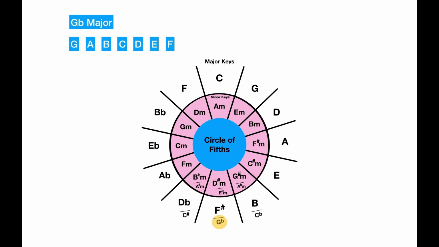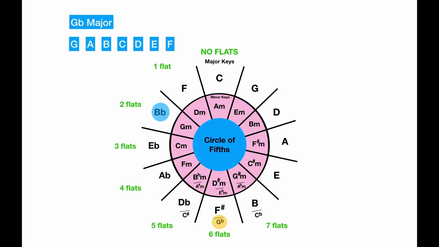So first up, let's write down the 7 notes. It will be G, A, B, C, D, E and F. We know it's a G flat because it's called the G flat major. So we know that the C has no flats in it, and we work anti-clockwise for flats to see how many flats we need. To get all the way down to the bottom, you can see the G flat major has 6 flats in it.